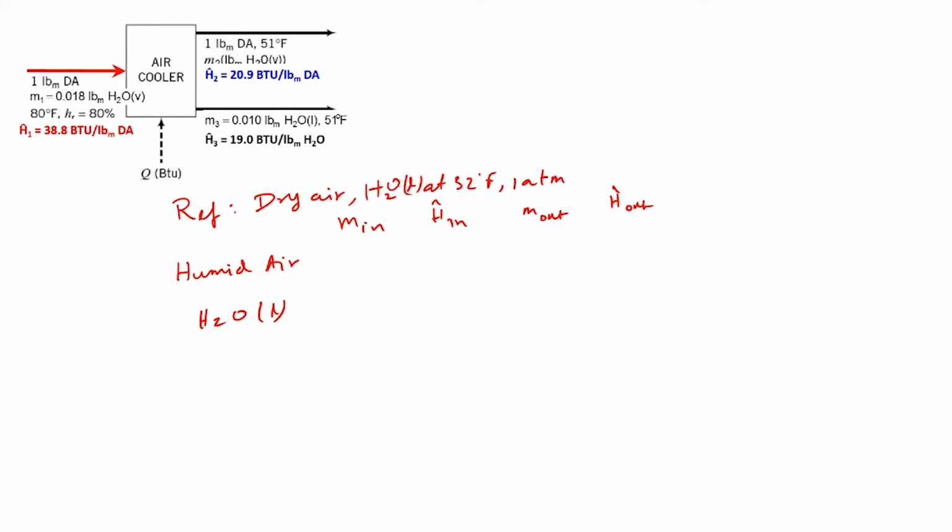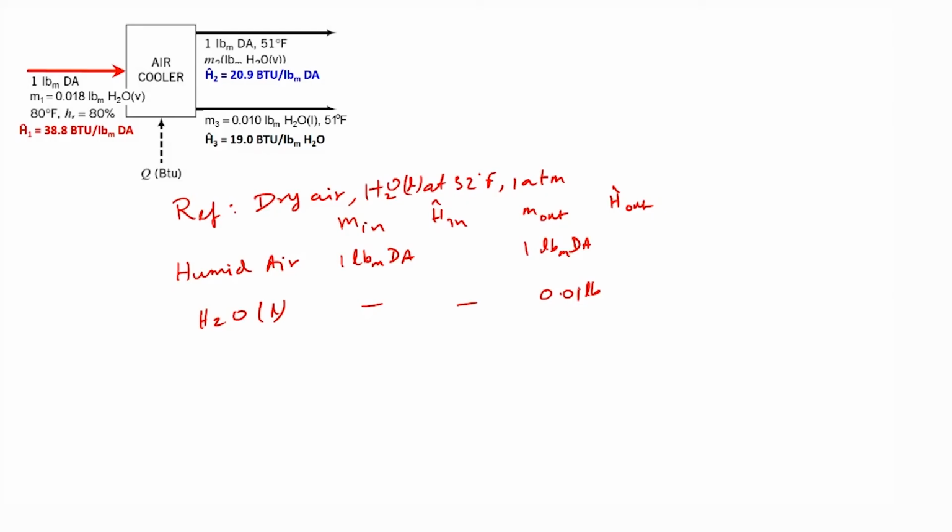So, we will only account for the mass of dry air in this table, we will not write the mass of humid air in this table. So, this is 1 pound of dry air entering and leaving, and you do not have any liquid water entering, you have 0.01 pounds of liquid water leaving.